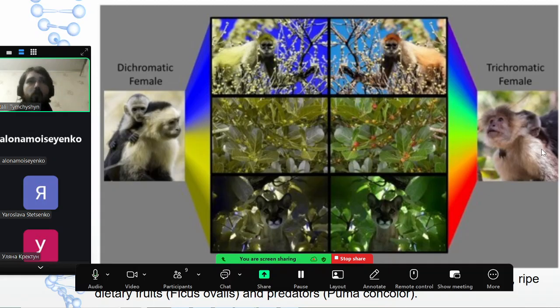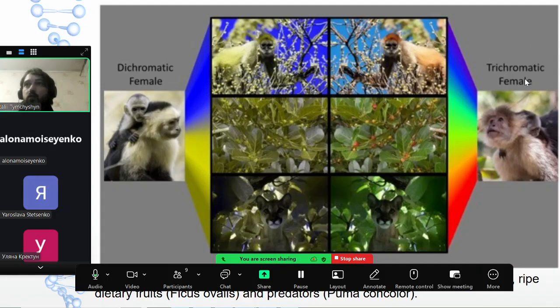One is on the autosome, so they do have it. The other one is on the X chromosome, they may have it, but the third one, no chance. Females have two X chromosomes, so they do have a chance to have three different options. Some of them, of course, realize this chance.